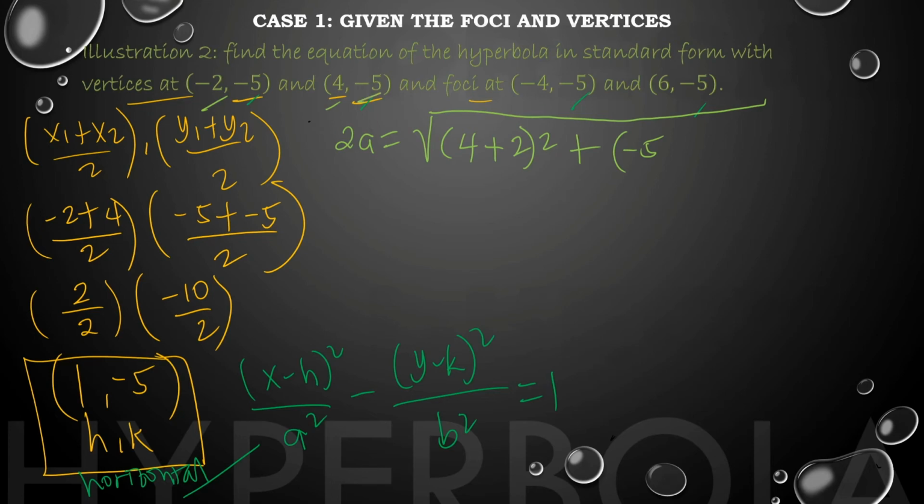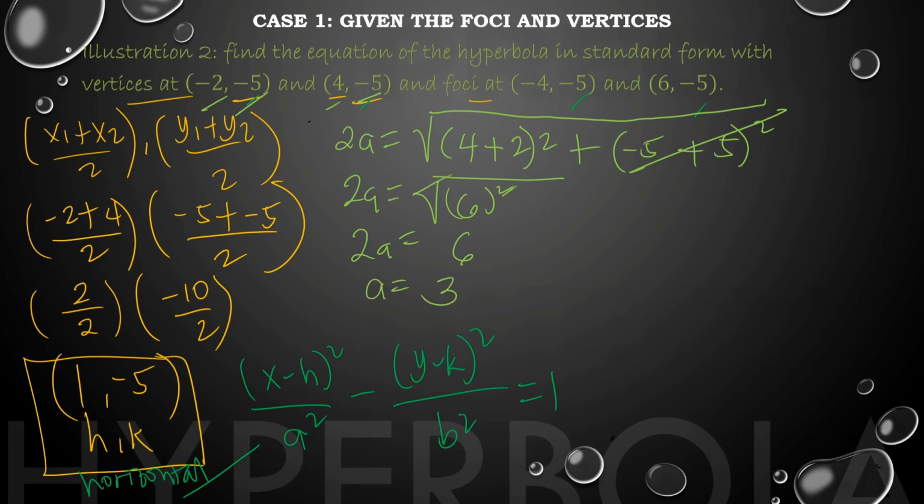So yun, negative 5 minus negative 5, x sub 1 or y sub 1. Again, positive 5 squared. So 2a is equal to square root of 6 squared. So ito ay cancel out na. 2a is equal to 6. So yung a is equal to 3. So yung a squared is equal to 3 squared is equal to 9.